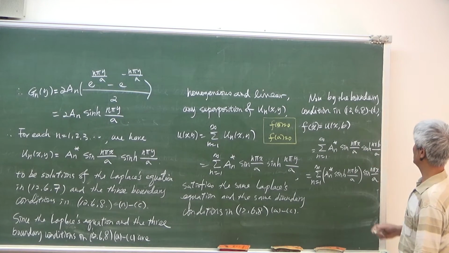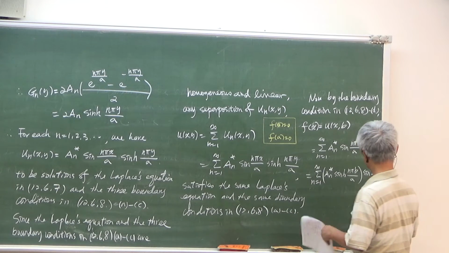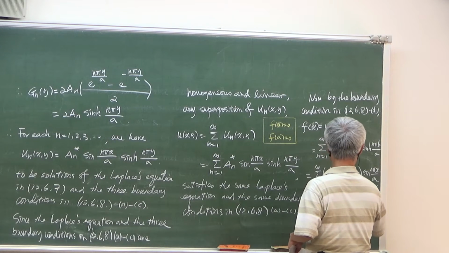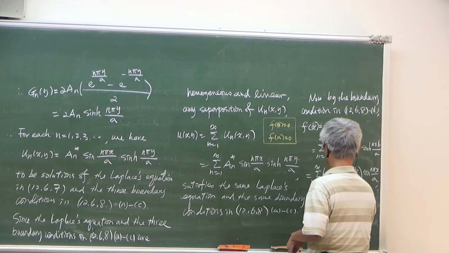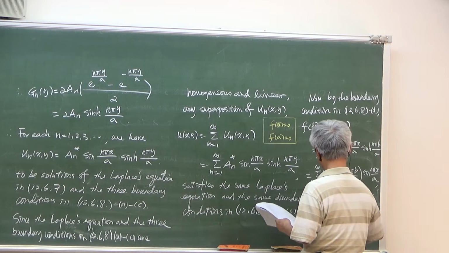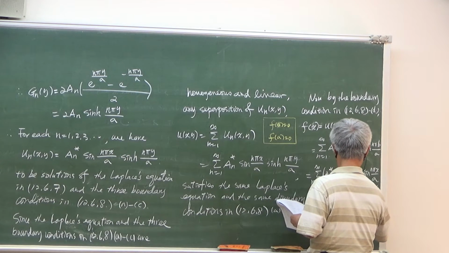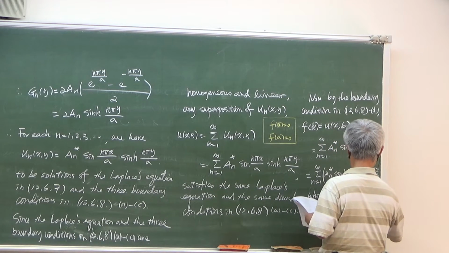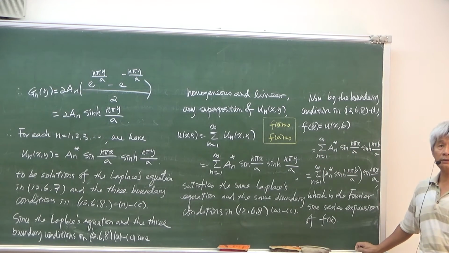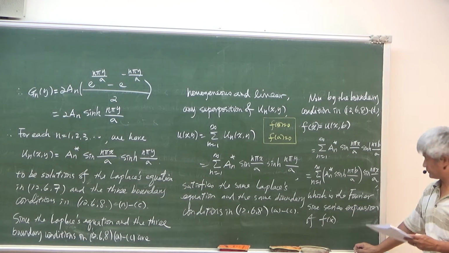So from this equation, we know this is the Fourier sine series extension of f of x.